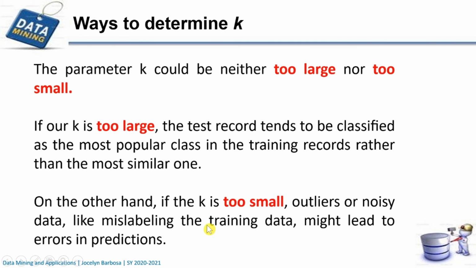On the other hand, if K is too small, outliers or noisy data, like mislabeling in the training data, might lead to errors in prediction, and that would affect our accuracy or the performance measures we are looking at, for example specificity, sensitivity, accuracy, precision and recall, and so on.